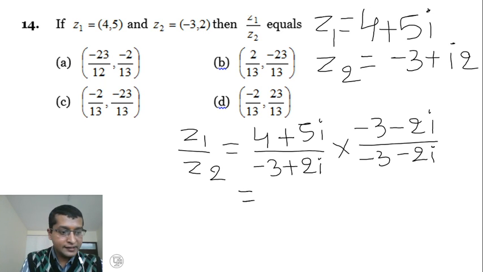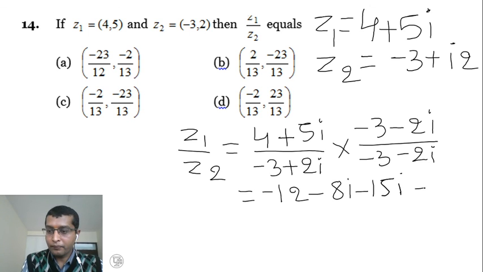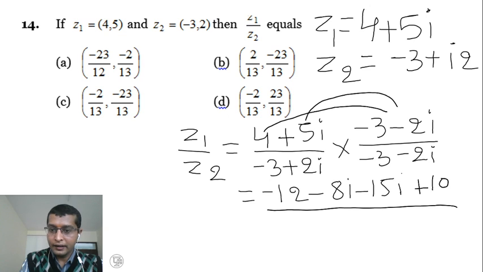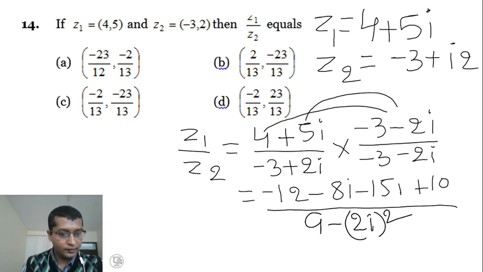If we simplify this, we get -12, 4 threes are 12, so -12, similarly -8i - 15i + 10 here. What I have done: 4 is multiplied with these two elements, and 5i is multiplied with these two elements. The denominator is of the form (a + b)(a - b), so a square minus b square, 9 - (2i)^2.